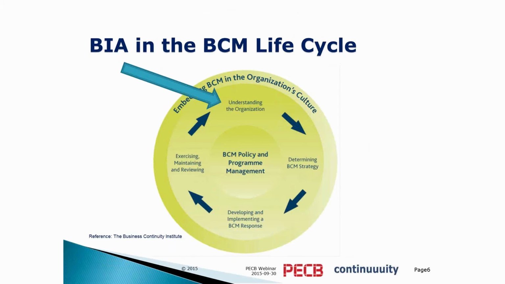So exercising, doing tests are also quite important. Okay, this is the BCM life cycle. It's closed, and after we go through one revolution of the cycle, maybe 12 to 24 months have passed, and the organization will look different, and we have to repeat the BIA or do a gap analysis.